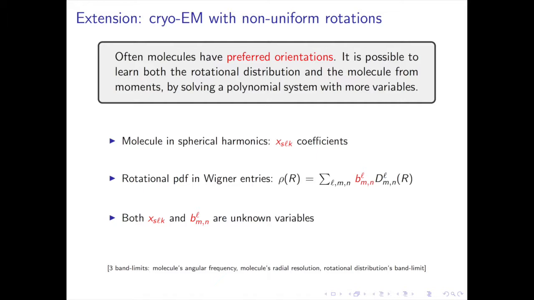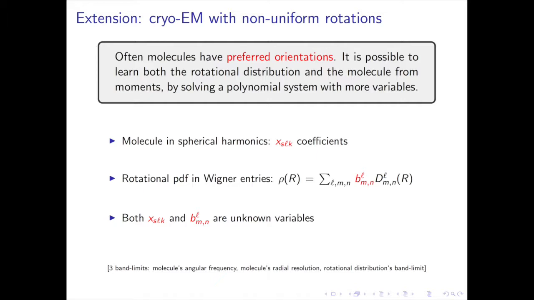So what one can try to do is treat the rotational distribution as an unknown, and the molecule as an unknown, and try to solve for both the rotational distribution, which is non-uniform and unknown to you, and the molecule. How do you represent the rotational distribution?